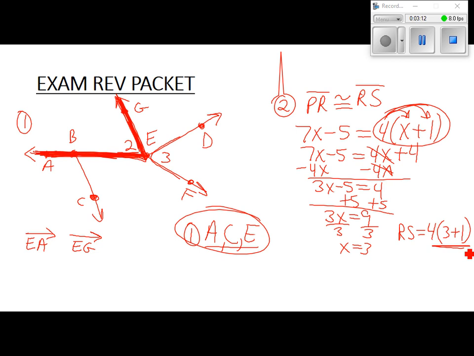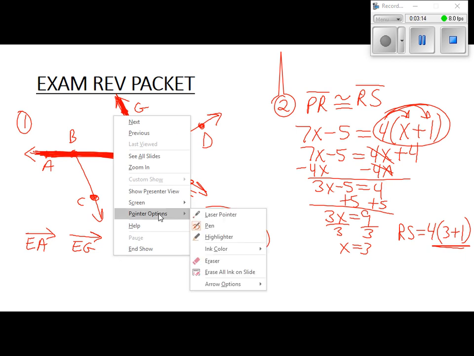Number 3. Says, what's the measure of segment QS? That's the whole thing. This is just using the segment addition postulate. So this is Q, that's R, that's S. This is 6.2 millimeters.